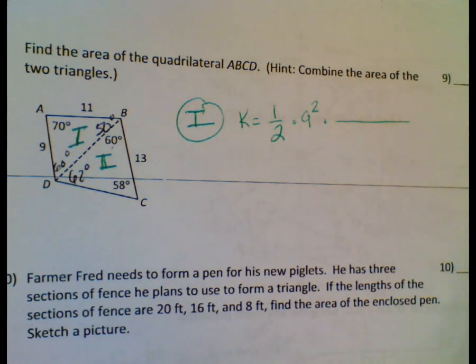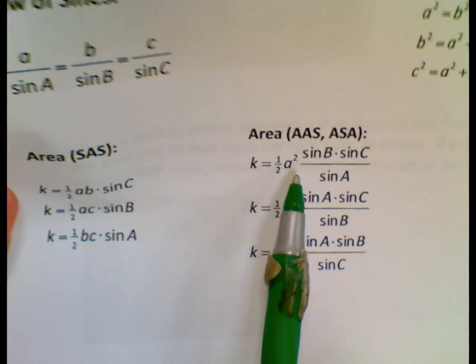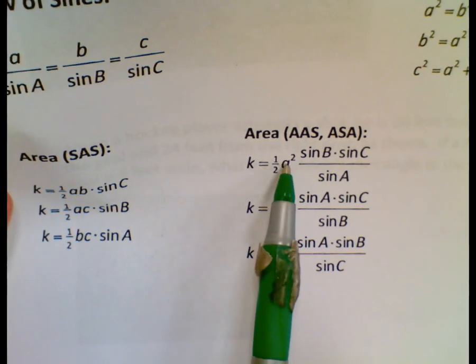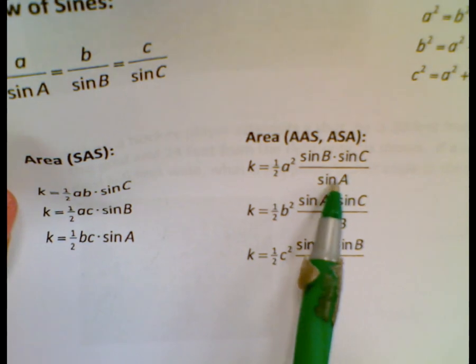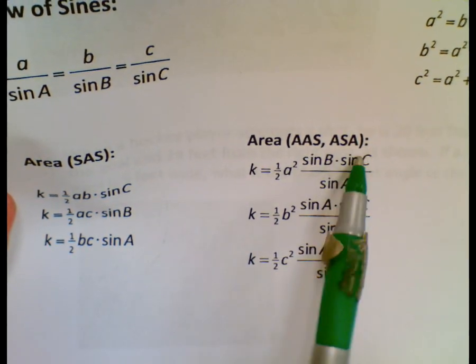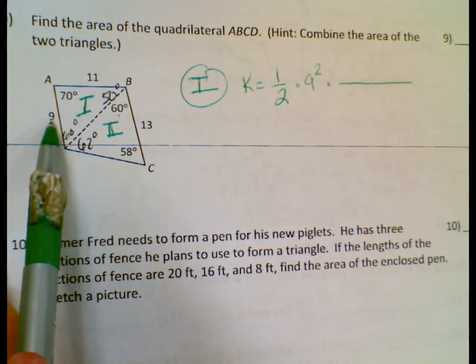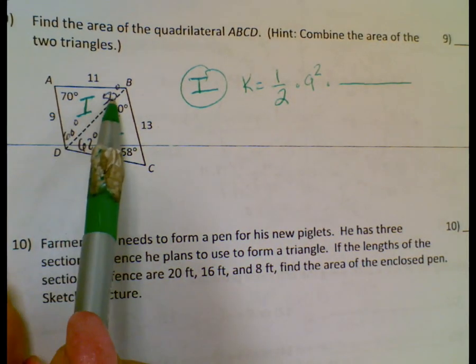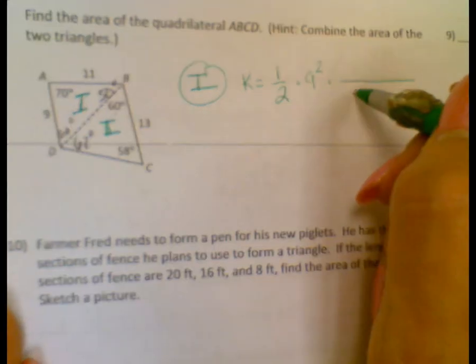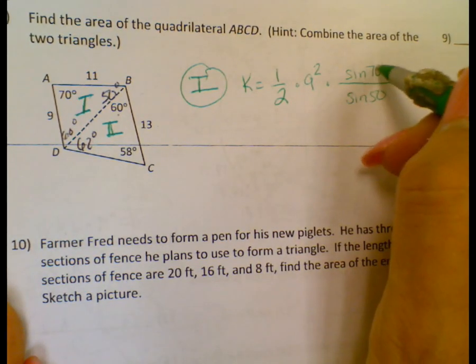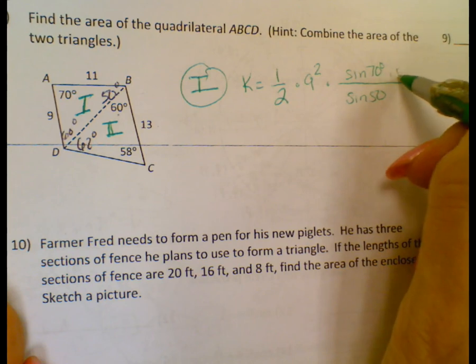Now the area formula says whatever side you pick, that's the angle that you divide by. So if I pick side A, I would divide by sine A. And then the other angles are on the top. So which side did we pick? We picked 9. So what angle is across from 9? The 50th, so that's the one I divide by. Sine 50. The other two angles, 70 and 60, are on the top.